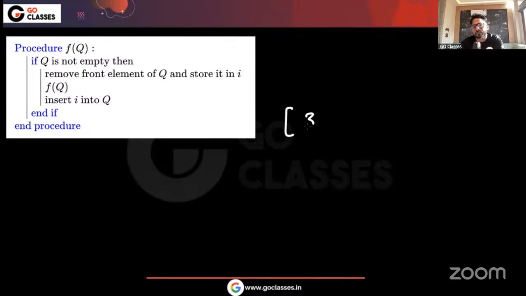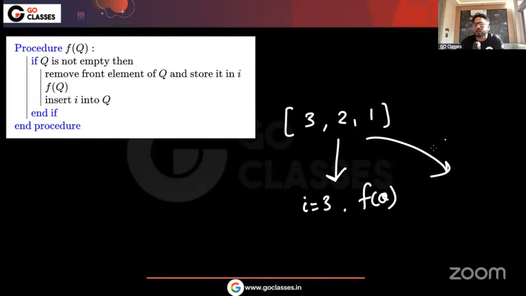Earlier this is 3 2 1. Now it makes a call where it first removes 3, so I is 3, and then they call FQ. Once this FQ returns, at that moment they insert 3. Or you can start with 1 2 3, and you will see it is ultimately 3 2 1.